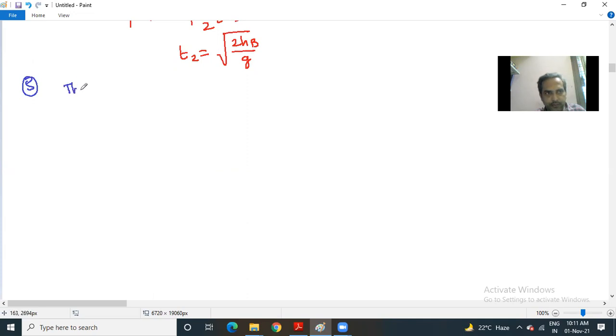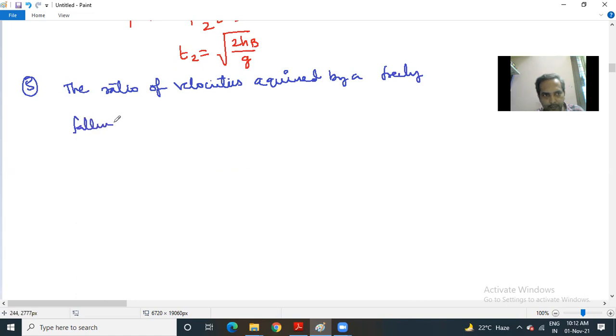The ratio of velocities acquired by a freely falling body in 1 second, 2 seconds, 3 seconds, and so on.